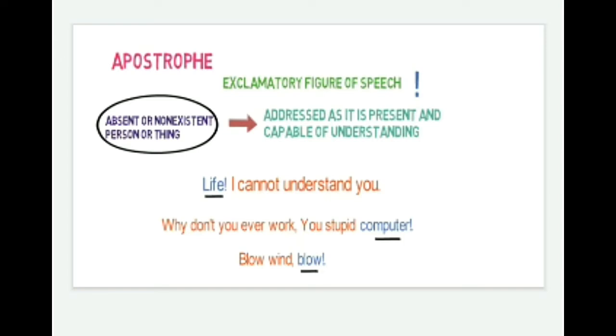A computer is a machine, but we address it like a human. And the next example: Blow, wind, blow! The wind is addressed, and after blow we use the exclamatory mark. So that is apostrophe as a figure of speech.